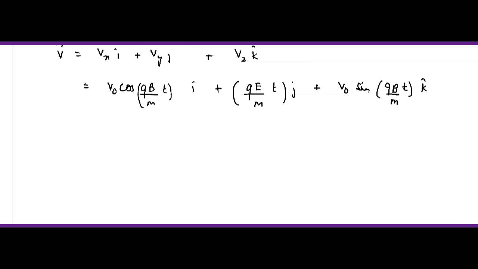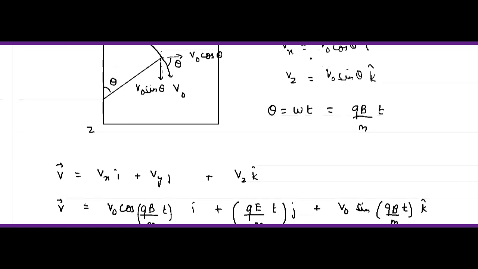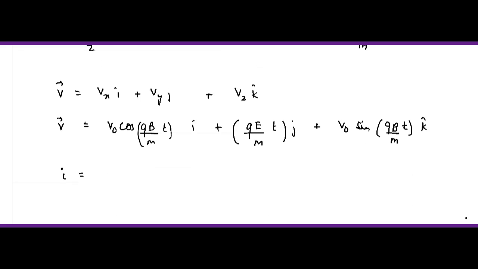Now, we don't need to find in terms of i j k, we need to find in terms of the given parameters v naught, B and these things. So how can we write our i vector? Because we know that x velocity is in the x direction, we can just divide the velocity in the x direction with the magnitude of the velocity.